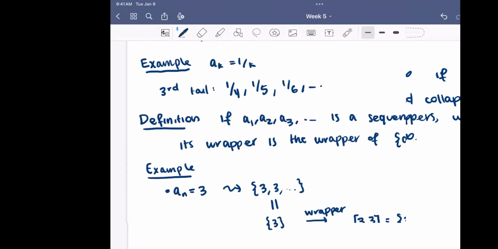Yeah, so the numbers are getting closer and closer to 0, but never equal 0. Oh no, but it's a closed set, sorry. The wrapper is closed from 0 to 1. Okay, good. Are there questions about these examples?